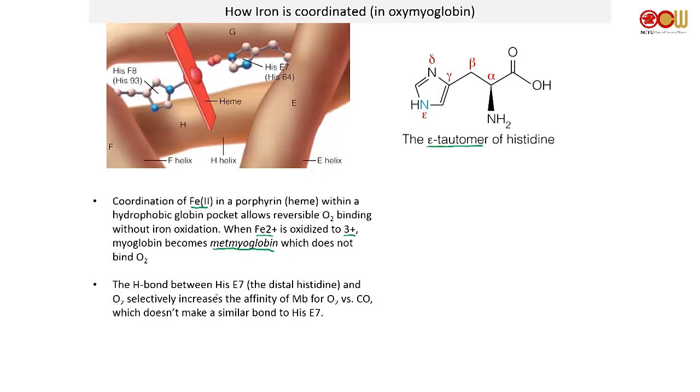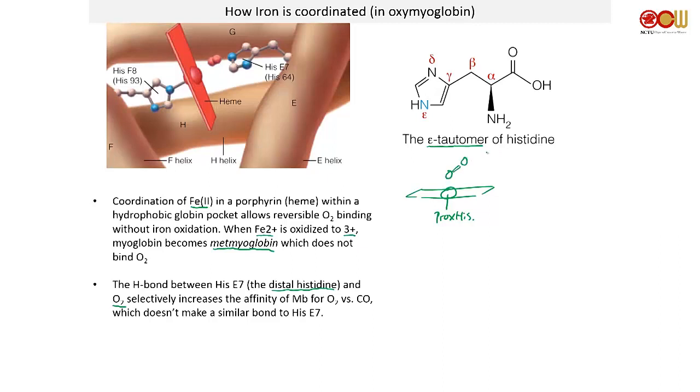But that's just a little term right there. The hydrogen bond between your distal histidine and molecular oxygen selectively increases the affinity of myoglobin for oxygen versus other things like carbon monoxide or NO. So let's say this is the heme, this is the iron, here is the proximal histidine, and molecular oxygen will actually be bent like that.